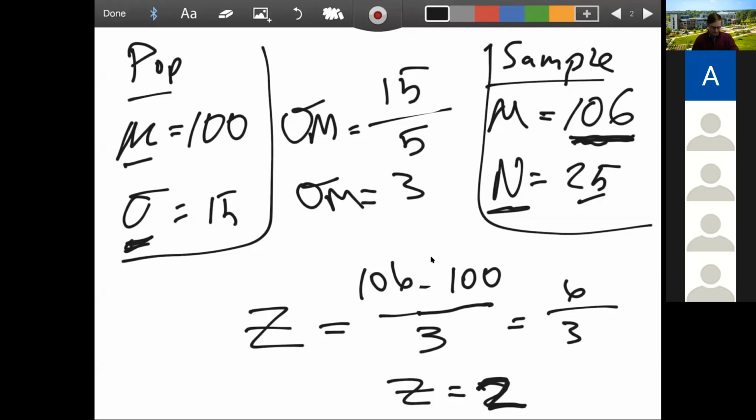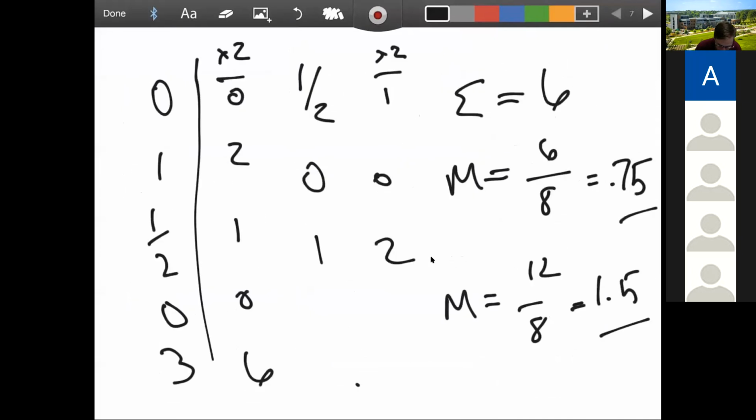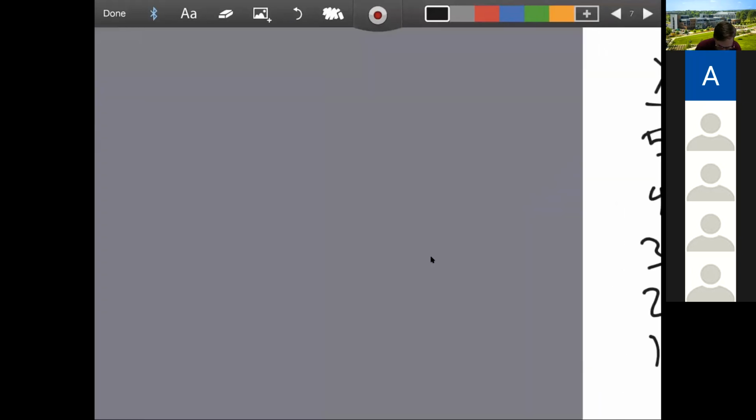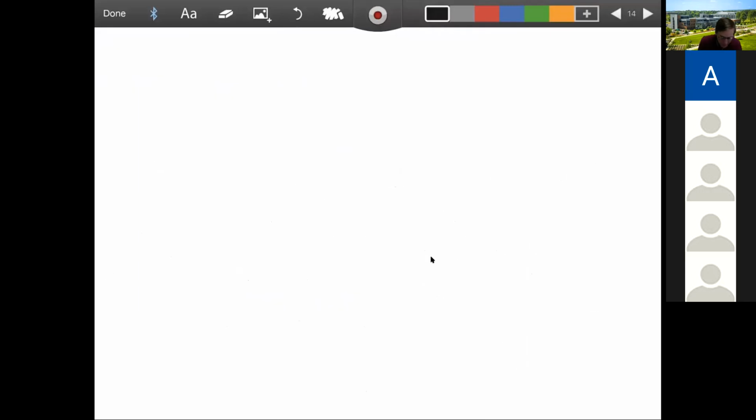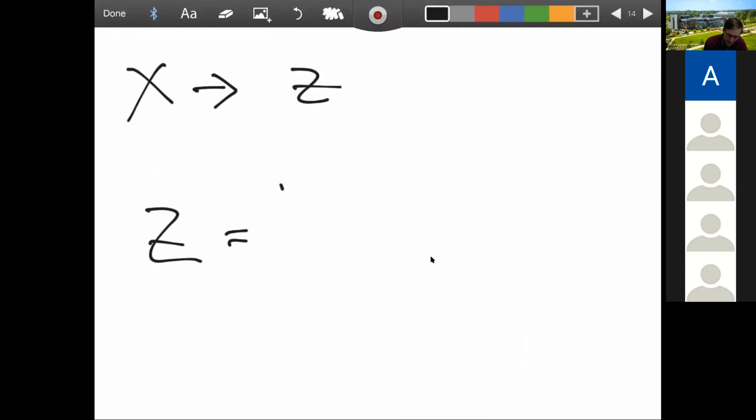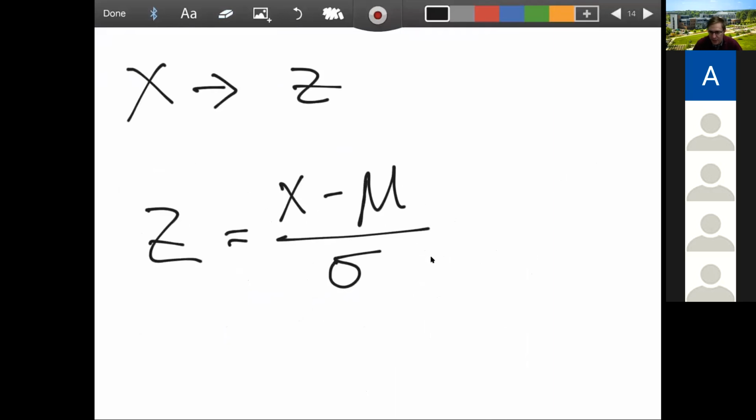I've got a question. What's the formula again where you have X and you're trying to get Z? When you have X and you want to get Z, you take the X value you want minus the population mean, divided by the standard deviation.